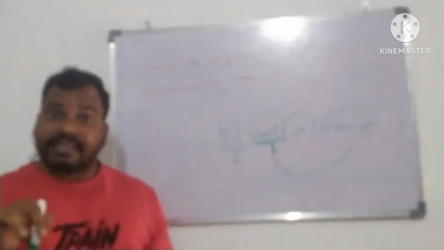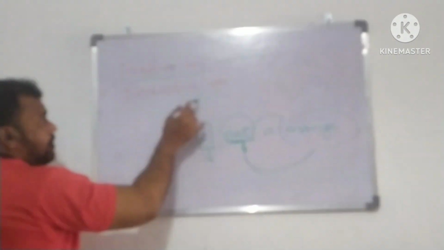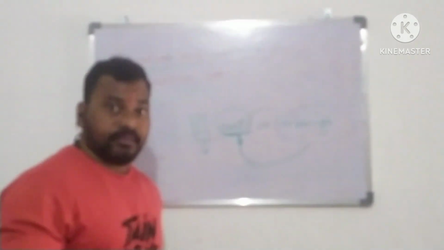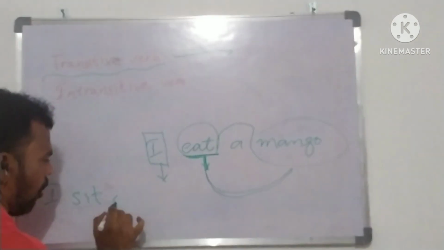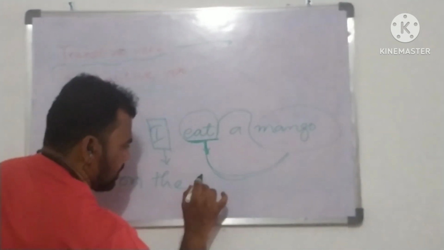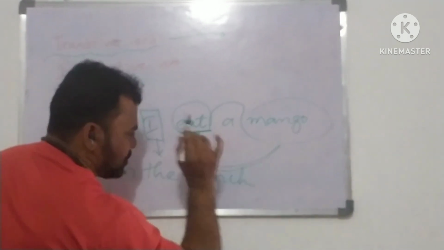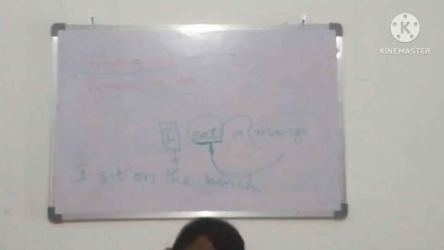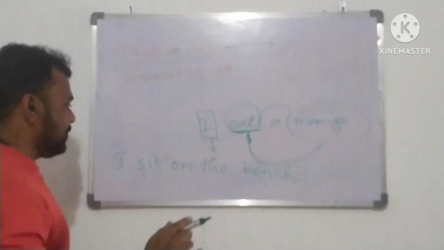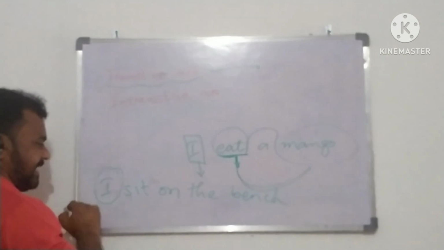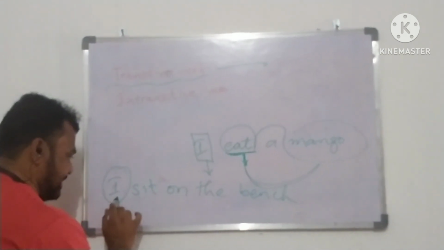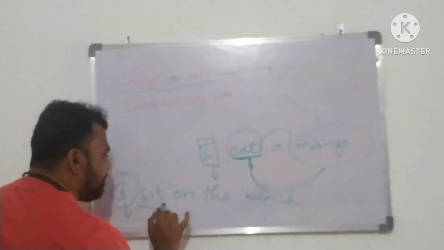In some cases, some verbs may not have an object after them. For example, I sit on the bench. If you look at the sentence, the subject is I, who is sitting on the bench, and the verb is sit.